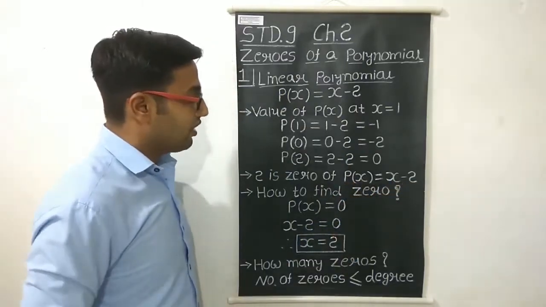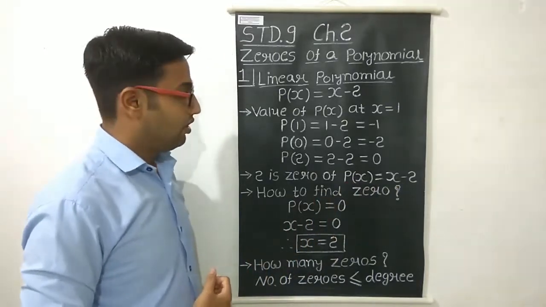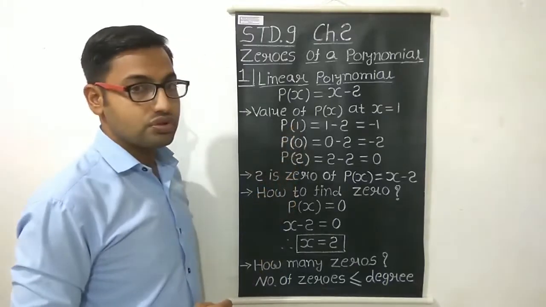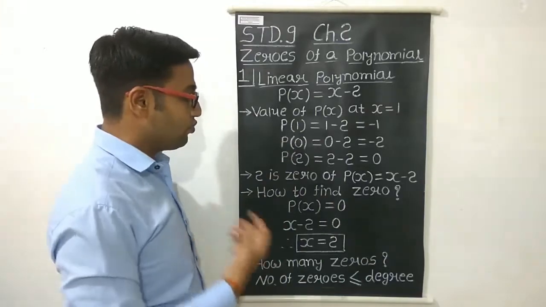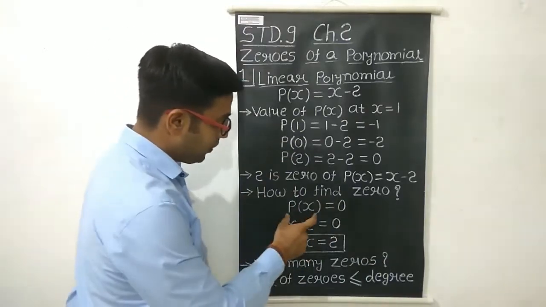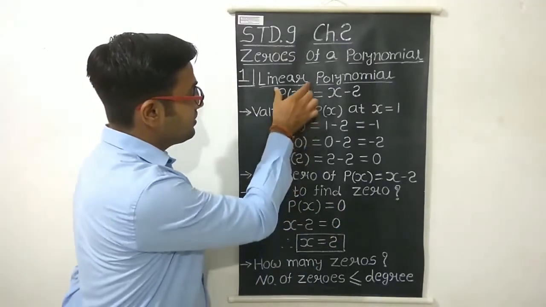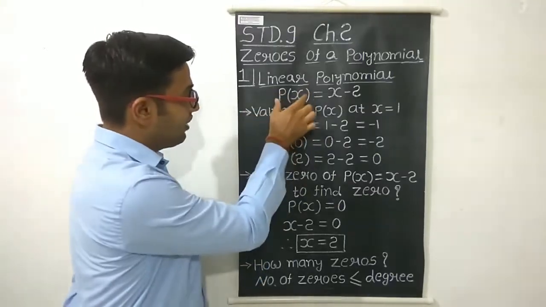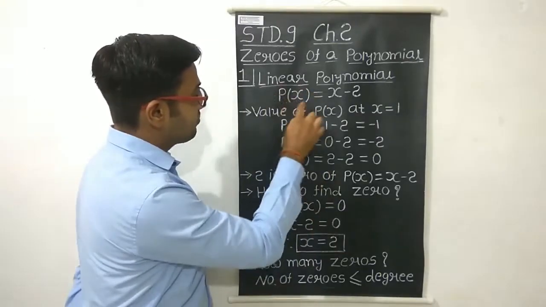So you may wonder how to find this zero. Do we have to check every time by putting different values? No. We have a method. To find the zero of the polynomial, we have to take p of x is equal to 0. That means on this side we have to put 0.